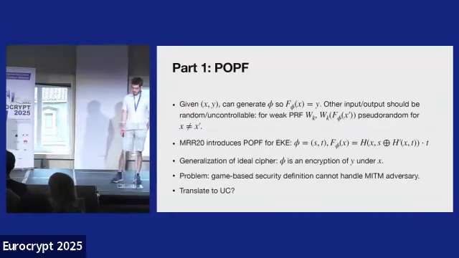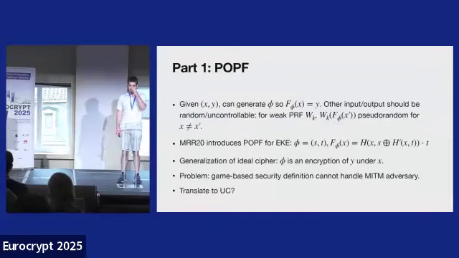So what's the problem here? The problem is that in this original paper, they gave a couple of game-based definitions for this POPF security. And it turns out there's a problem in the proof because this isn't actually sufficient for a man-in-the-middle setting.